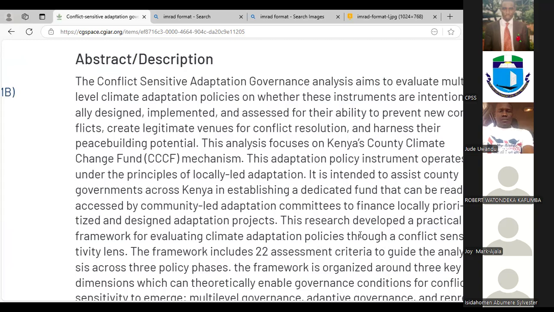See the next statement. Okay? This adaptation policy instrument operates under the principle of locally led adaptation. It is intended to assist county. This research developed a practical... see how they are starting, see where they are now.